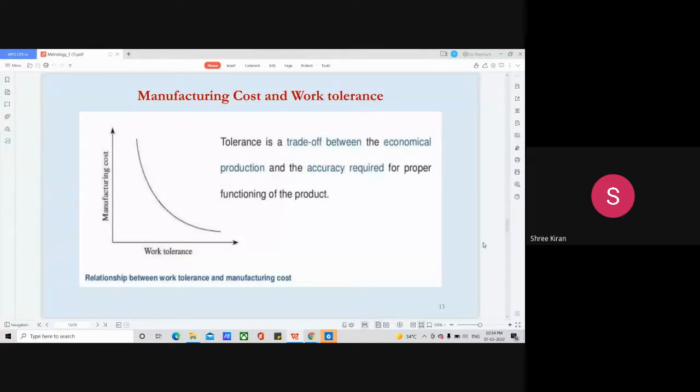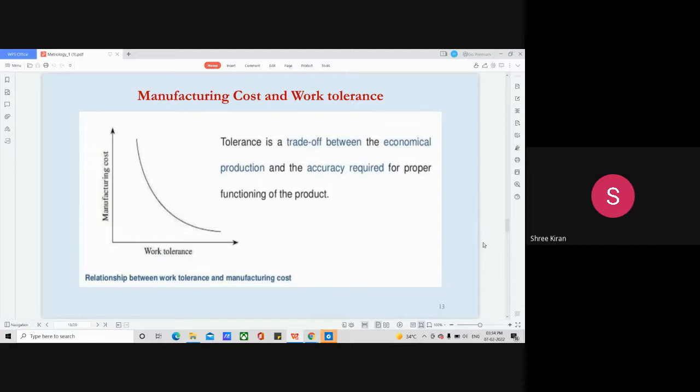The tolerance is always a trade-off between economical production and accuracy. The production cost may vary, and there are many aspects regarding the tolerance feature: the economical production, the accuracy, the precision, the trade-off, and all other features that are added regarding the manufacturing cost and work tolerance.